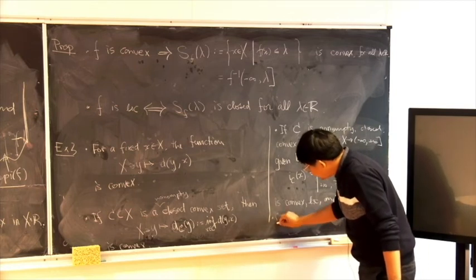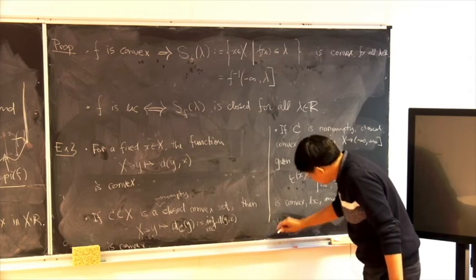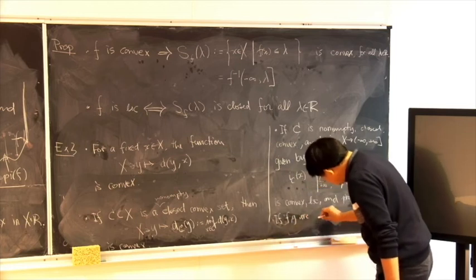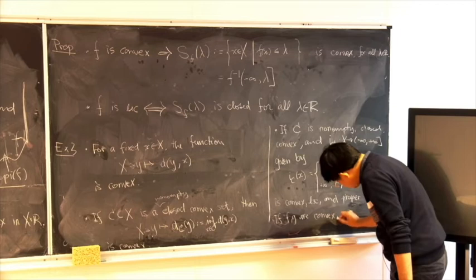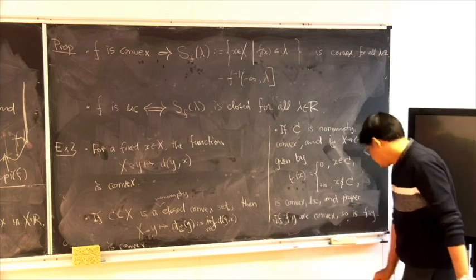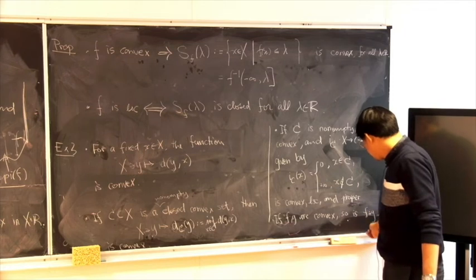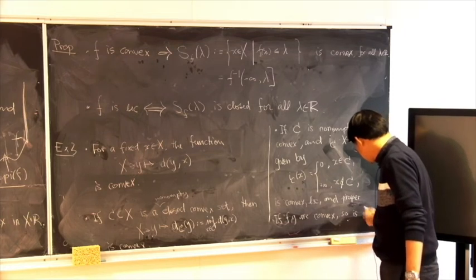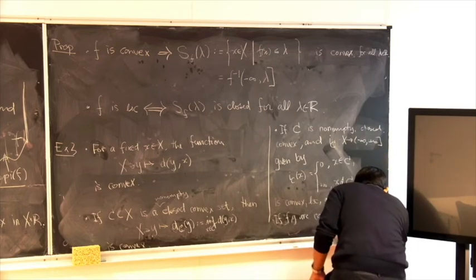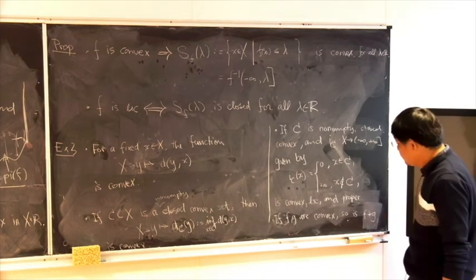We also have, if f and g are convex, then so is their sum f plus g. Okay. If we change plus to minus, then it's not true.